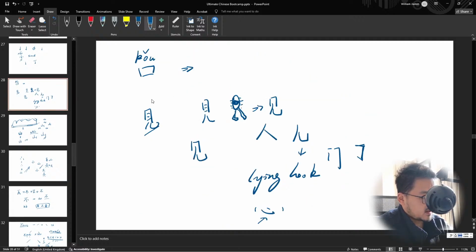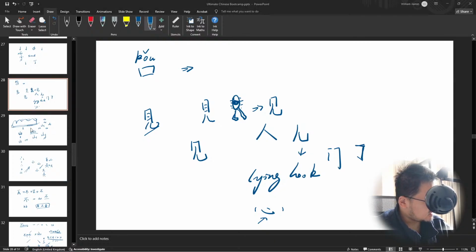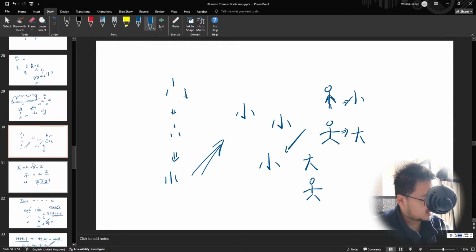Yeah, we already talked about this 口, right? But can this 口 become more difficult? Really simple. You just need to add things inside of 口. Yeah, I think we already covered what is 口.